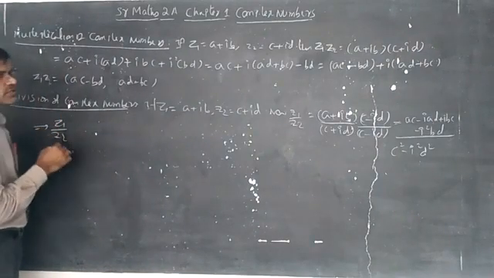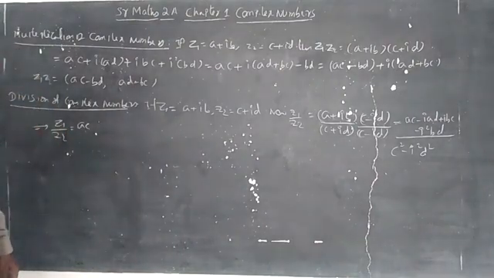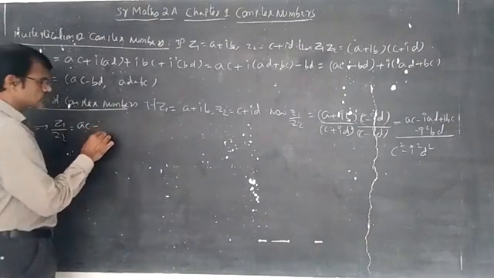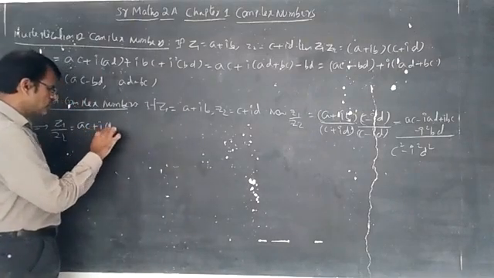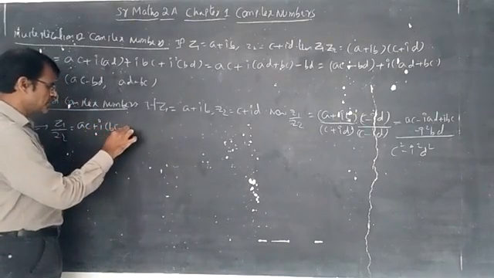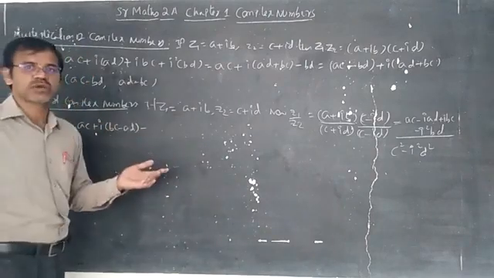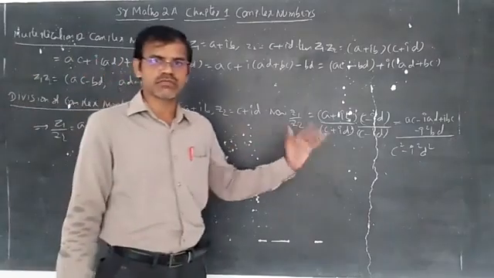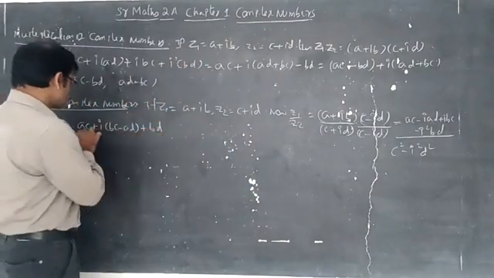That implies z1 by z2 is equal to ac plus i into bc minus ad, and minus i square becomes plus 1, since i square becomes minus 1. So plus bd.